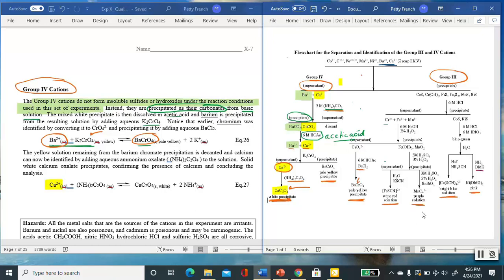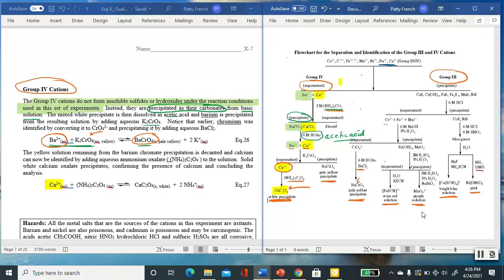Now, next week, for the final 2 weeks of lab, you'll be working with a general unknown. We'll be giving you an unknown that contains some group 2, some group 3, and some group 4, and you'll have to start with the group 2 analysis.